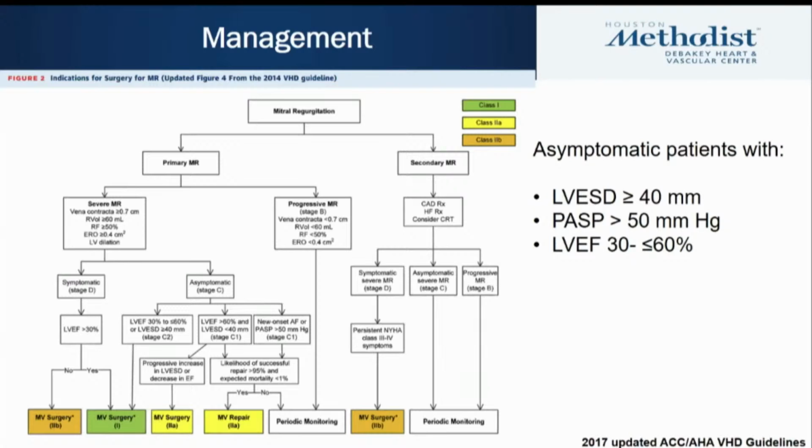In that case, if your left ventricular end systolic dimension is more than or equal to 40 millimeters, or if your PA systolic pressure is more than 50, or if your EF is between 30 and 60%, that's also an indication for an intervention. So again, your evaluation can also determine the management. So always be careful when you describe these lesions and make sure you include all these different numbers to help guide management plans. What about secondary MR?